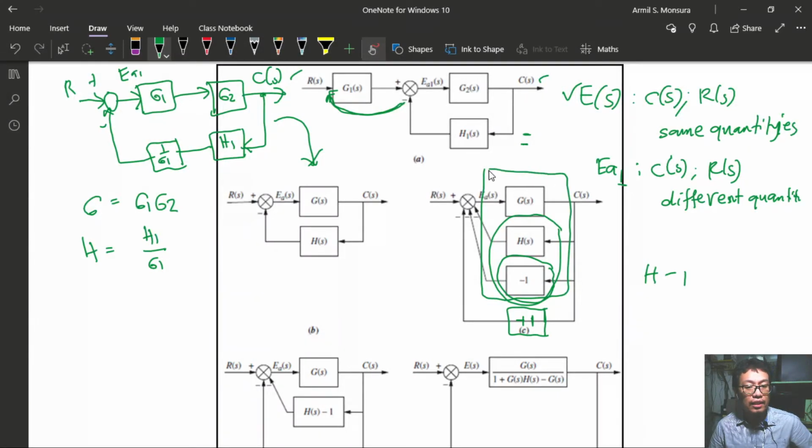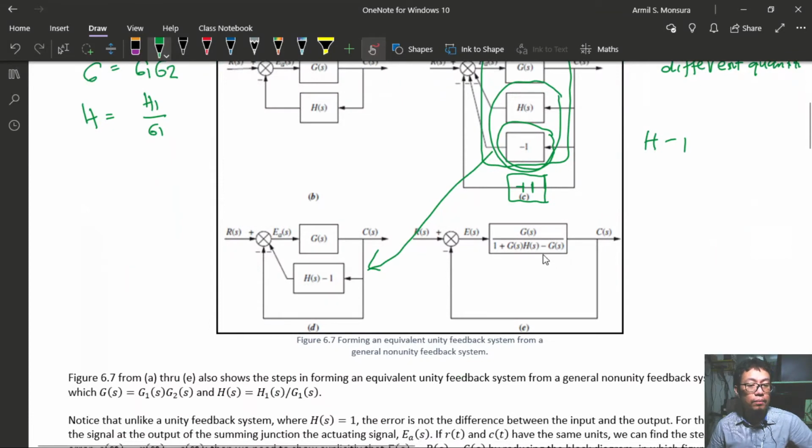Okay, kailangan maging single system yan. Okay, so that what will happen is meron kang single system tapos meron kang negative feedback. Okay, so ito na yun. Nung nireduce nyo ito into parallel system, nakuha nyo yung H minus 1. Okay, and then using the feedback formula, i-reduce natin itong dalawang ito sa feedback system.